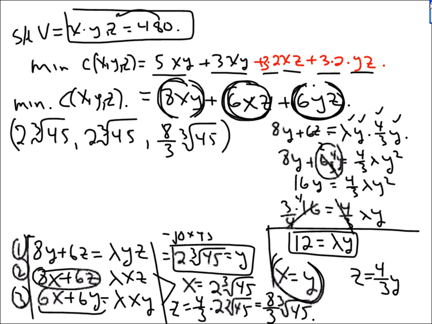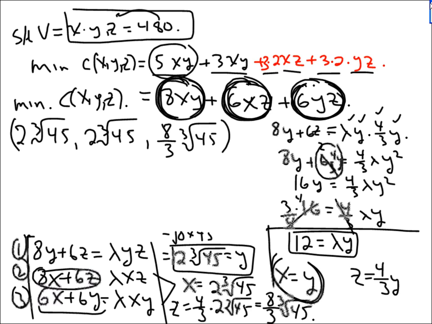And if you wanted to know the cost, and I'm not going to do this, you'd multiply x and y together and multiply that by 8. Multiply x and z together, multiply that by 6. And then multiply y and z together.